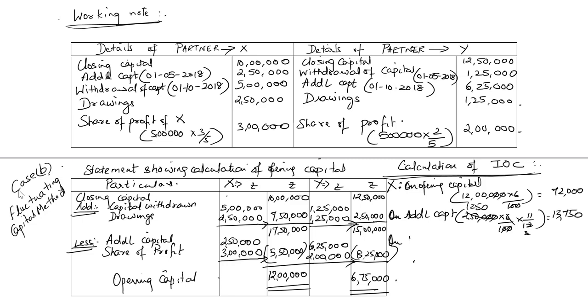On the capital withdrawn, capital withdrawn by X rupees 5 lakh at 6% for 6 months. Which is equal to 5,000 into 3 being 15,000.